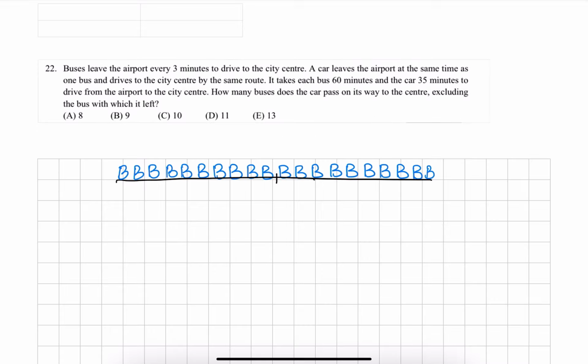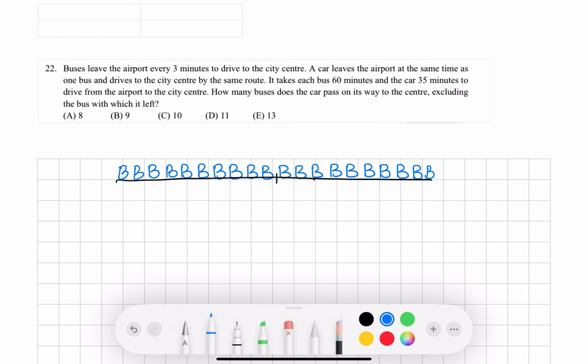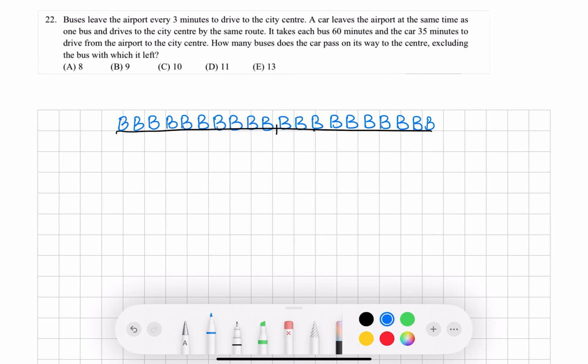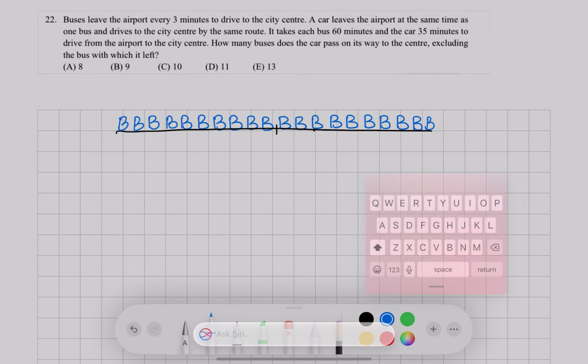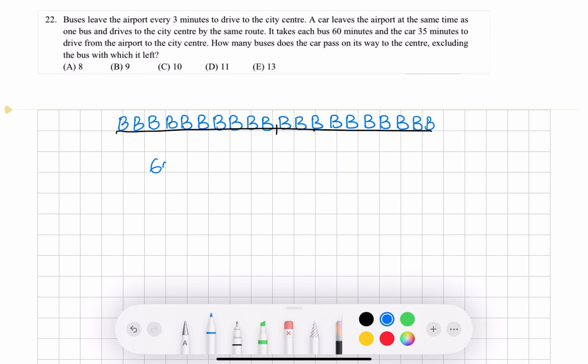Okay, let's figure it out. So the reason why I have written these B's is, I know that the route is going to take 60 minutes for the bus, and there is one bus leaving every 3 minutes. That means when it comes to how many buses will be on the route, if I'm looking at an hour period, it'll be 60 divided by 3, and it'll give me 20 buses.